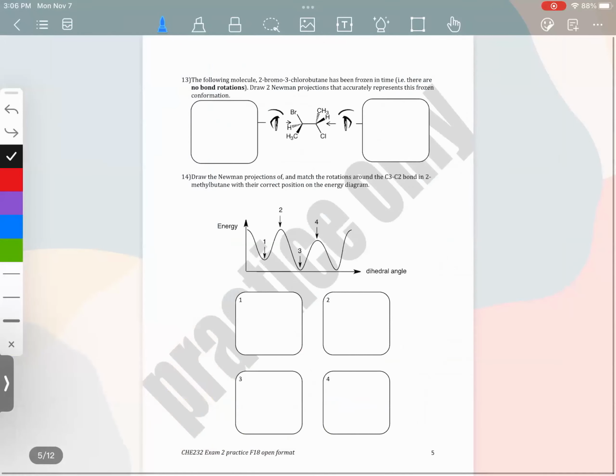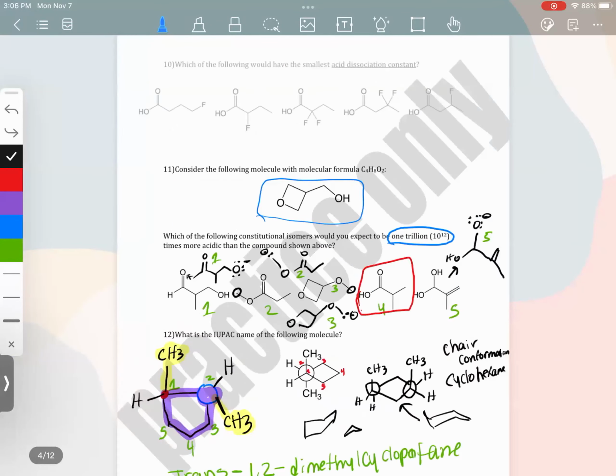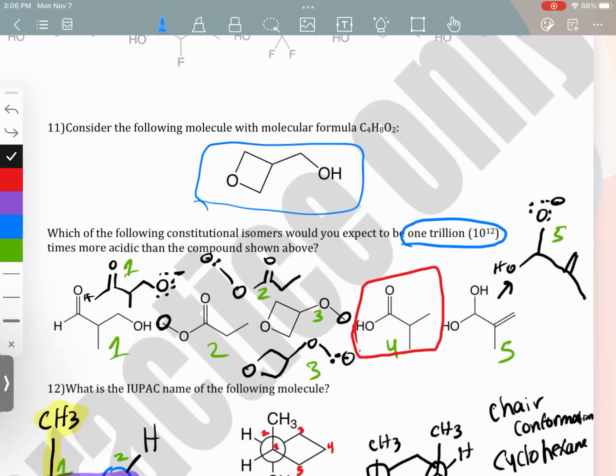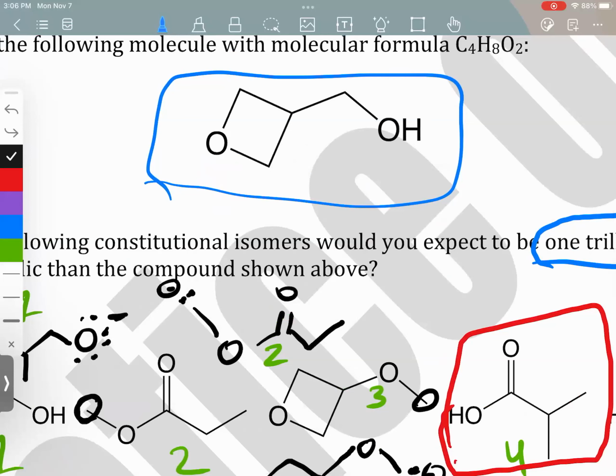Wait, Professor, can we go to number 11 again? Sure. Where's 11? Right here. Number 2 can resonate too, right? Which one? You see the number 2? You have 2 lone pairs, so that can resonate too, right? Oh, so 2 is this, where the lone pair is on the carbon. This cannot resonate because there is no double bond here.